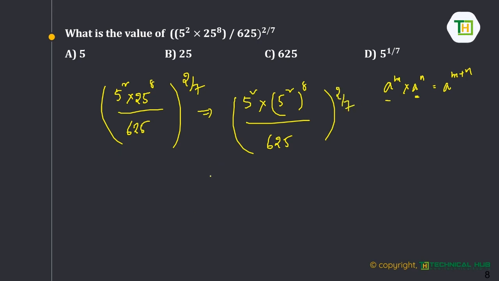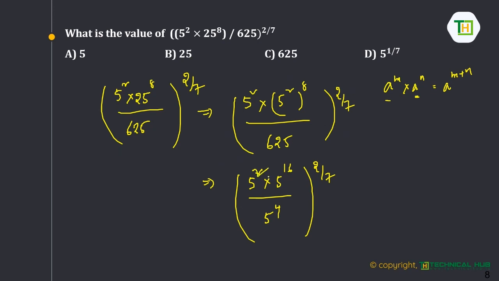If you simplify the numerator, 2 into 8 is 16, so 5 to the power of 16, by 625, which you can also write as 5 to the power of 4, divided by 2 by 7.